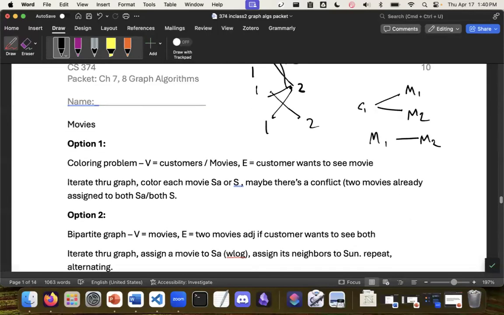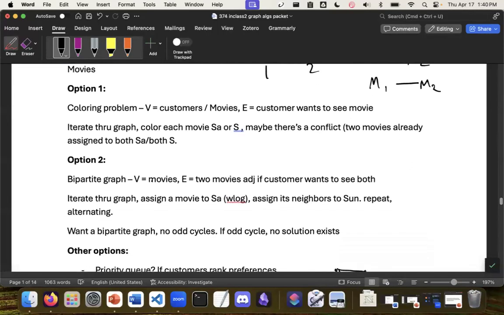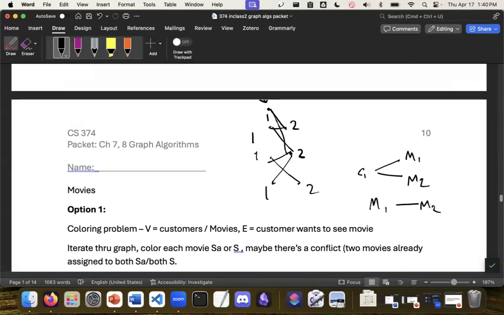And it ends up that this is the exact same problem as the wedding planning, where instead of setting it up where the customer has an edge to the movies, we ended up saying that the best solution has the set of movies as vertices. There's an edge between 2 movies if a customer wants to see both of those movies.